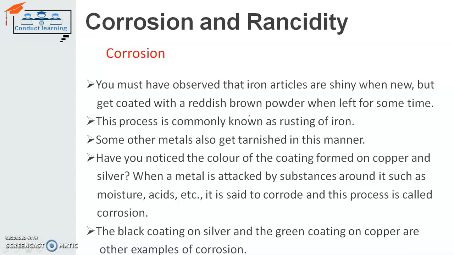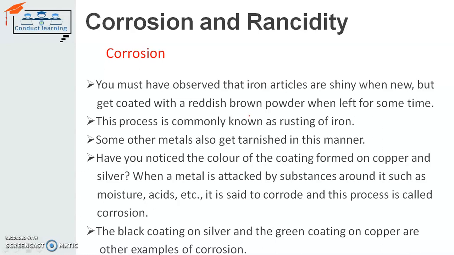What is corrosion? You must have observed that when you buy some iron or some metallic articles from the market, they have a shiny surface. For example, the iron is coated with reddish brown powder when it is left for some time at room temperature.